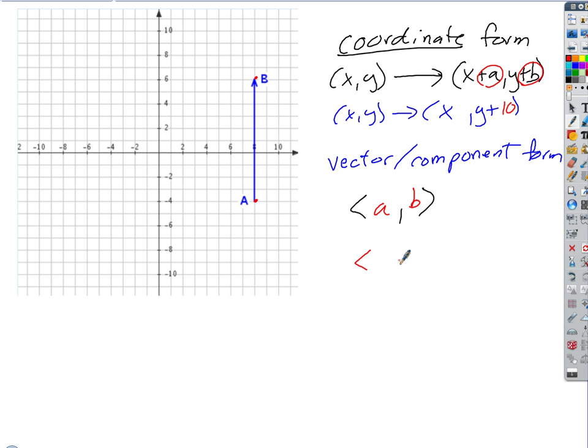How far is it moving in the x direction? Zero, nothing's added to x. And how far is it moving in the y direction? Positive 10. That's all we're looking for. And remember, for the vector or component form, we use bracket notation, the less than and greater than signs on your keyboard.